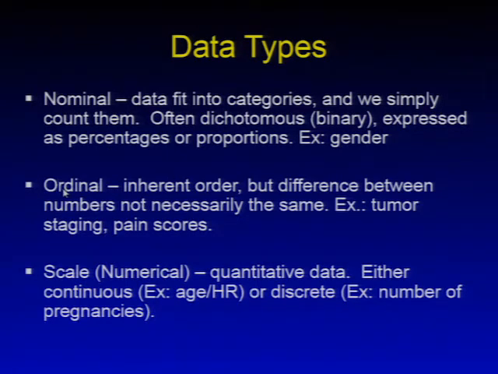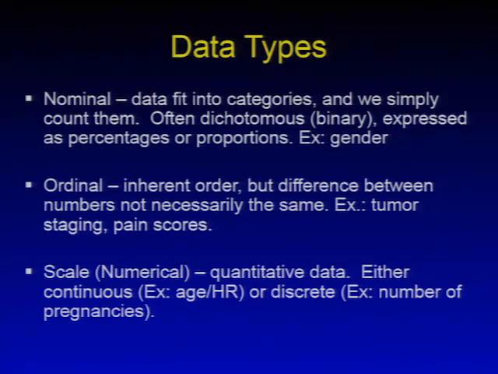Ordinal data is typically numerical data that has an order to it, which is why it's called ordinal, but that order means something, but the steps between the numbers may not mean the same thing. So examples, I think tumor staging or pain scores are a good example.